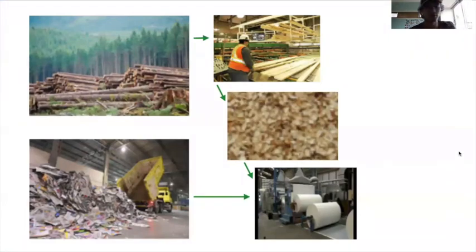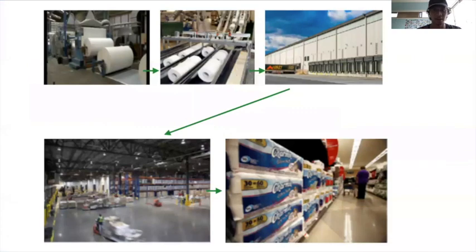So when we think about the supply chain of toilet paper, what first comes to mind is where does the toilet paper come from? So basically it's all paper actually. It comes from trees, then it's cut into lumber, then it's broken down into small chips, and then somehow put into huge rolls, which are then further divided into small rolls, which we see at homes.